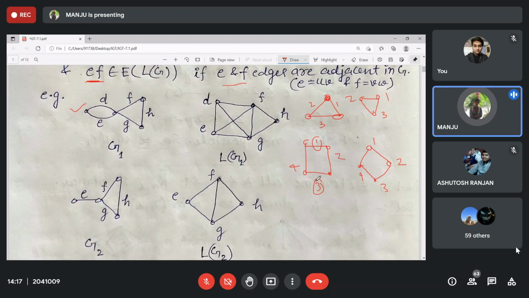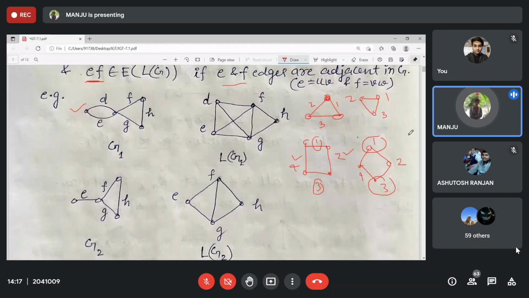What about 1 and 3? No. 2 and 4? No. These two edges, 1 and 3, form a matching with no common vertex, so there is no adjacency. In the line graph they form an independent vertex set, and similarly 2 and 4 are also independent. So again we got C4: the line graph of C4 is again C4.